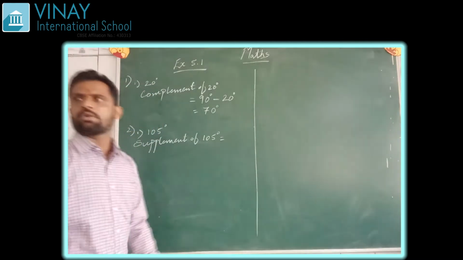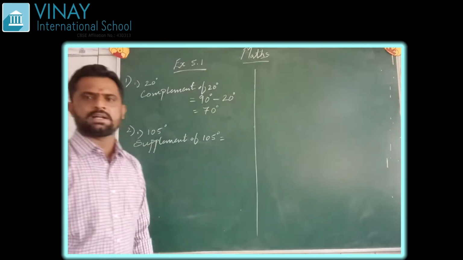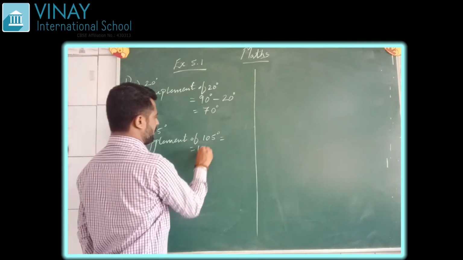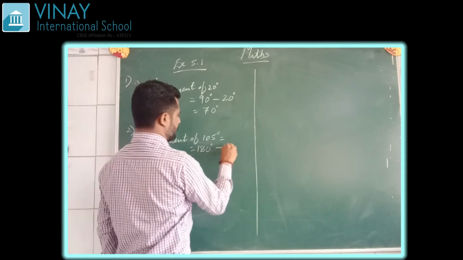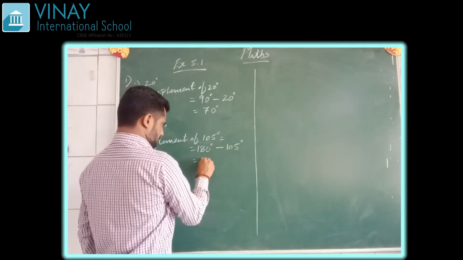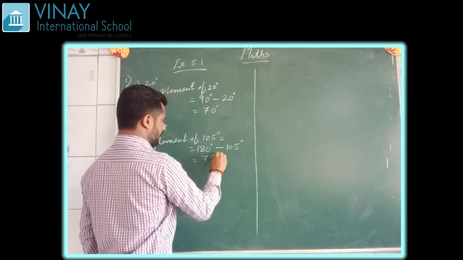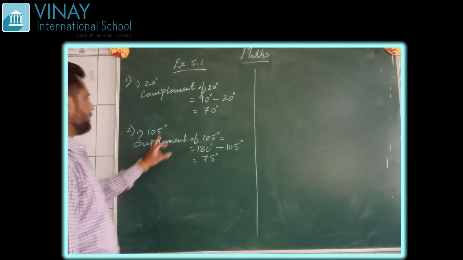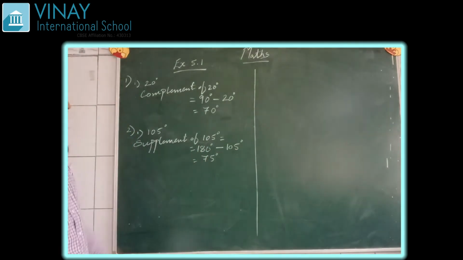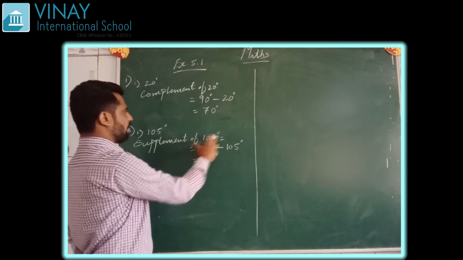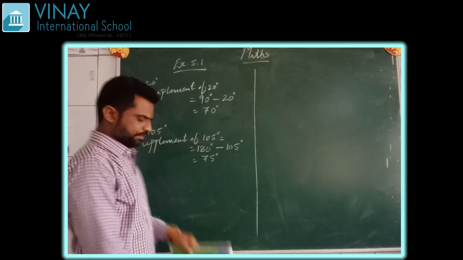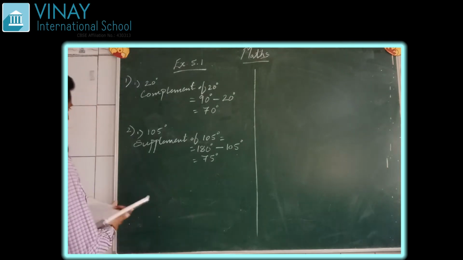We know that the sum of supplementary angles is equal to 180 degree, and so the supplement of 105 degree is 180 degree minus 105 degree, which is equal to 75 degree. So the supplement of 105 degree is 75 degree. Whenever we have to find out the supplementary angle or supplement of any angle, we just need to subtract it from 180 degree.